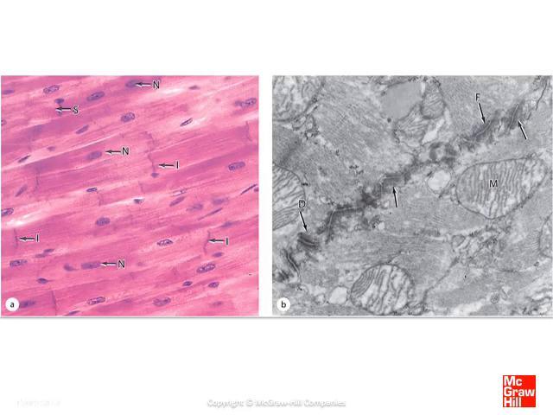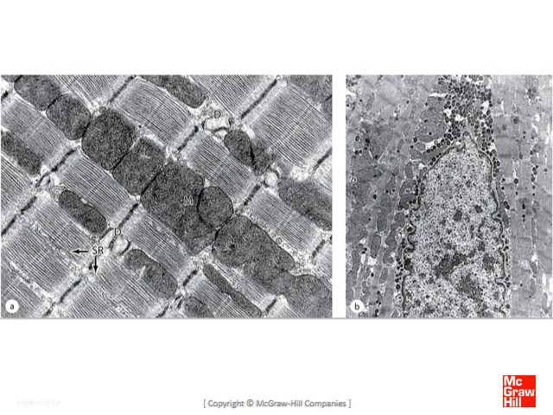So when we look at it under the microscope, we have our nucleus and our intercalated disc, and notice that it stains very dark compared to the rest of the image. And you can still see your cross striations a little bit in that image. And here is the electron microscopic image of it, which shows your mitochondria here with our sarcoplasmic reticulum.